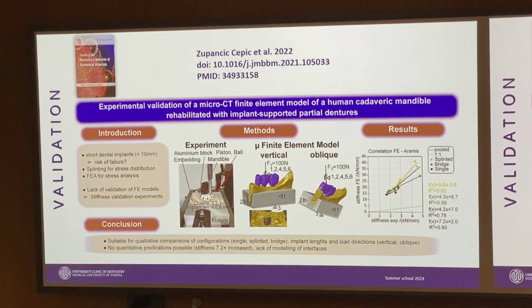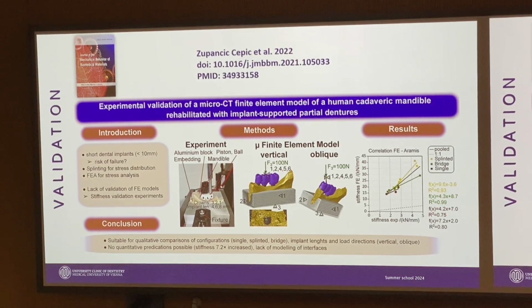And the same loading tests and the boundary conditions were performed on the FE models, and the simulation results were compared with experimental data using linear regression analysis. So as we see here by the results, the overall average correlation of the stiffnesses between the experiment and the simulation showed a high correlation factor of 0.8, but the FEA stiffness was 7.2 times higher and showed a dependence on the test configuration, which was highest for the splinted prosthetic design.